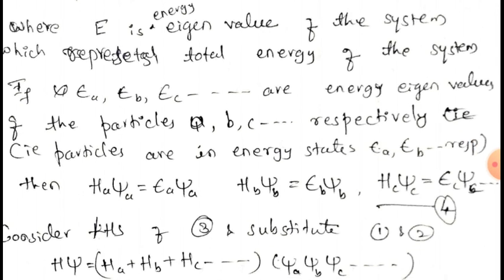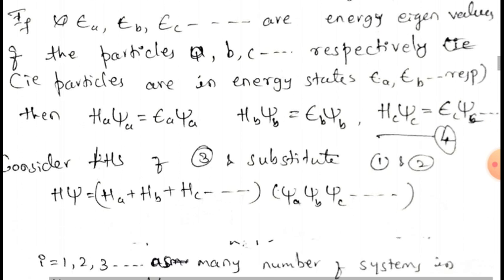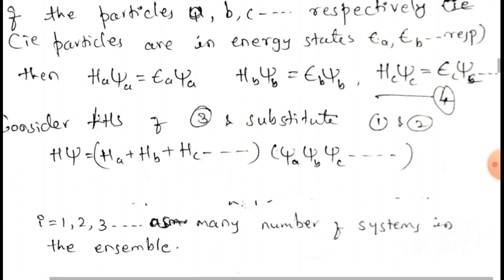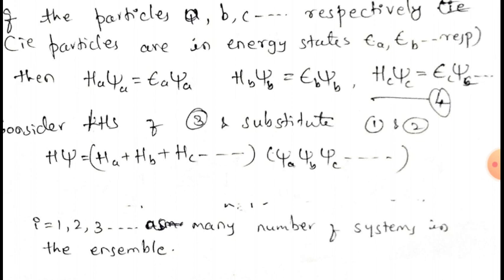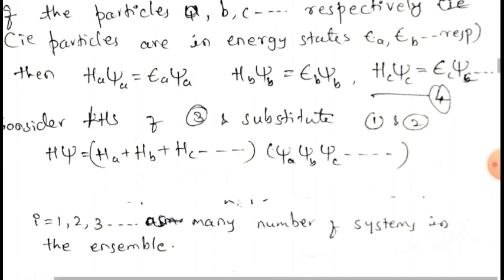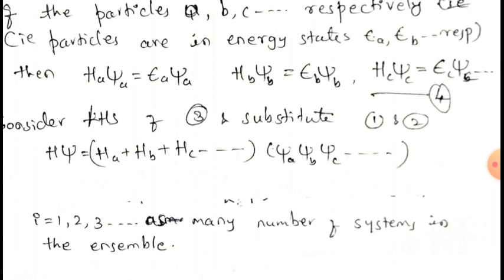And if epsilon A, epsilon B, epsilon C, etc. are the energy eigenvalues of the constituent particles respectively, then the Schrodinger equation for the individual particles can be written as in equation 4.